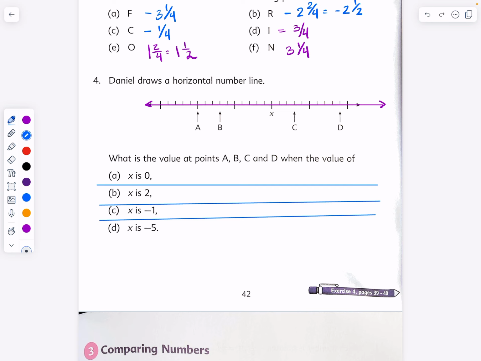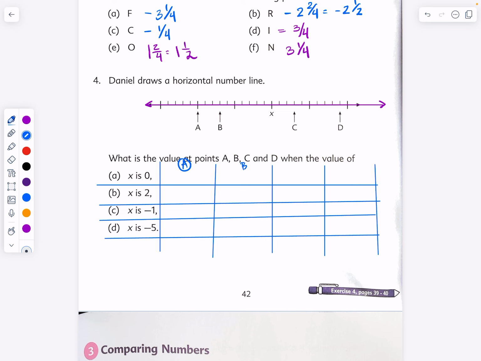and let's create a nice straight line. We separate the rows, and we create columns for A, for B, for C, and for D. Now, if x equals 0, right here, if this is our 0, let's label it.